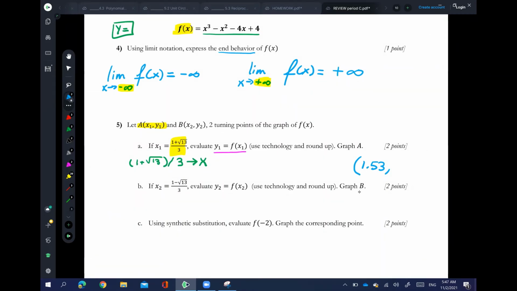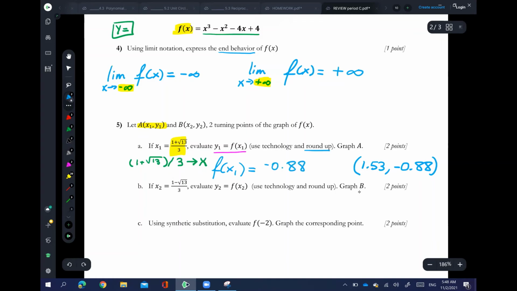So I'm typing on my calculator x cubed minus x squared minus 4x plus 4, and I get negative 0.88. You just round it up. So I've got f of x1 equals negative 0.88, roughly.